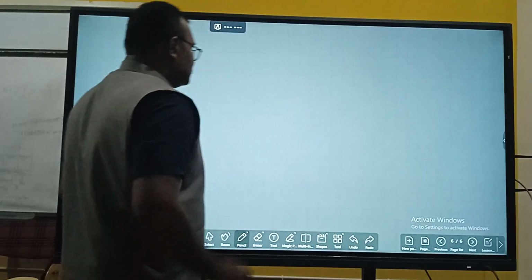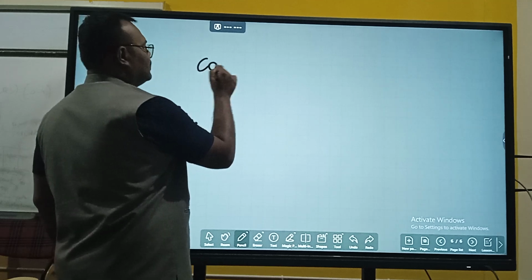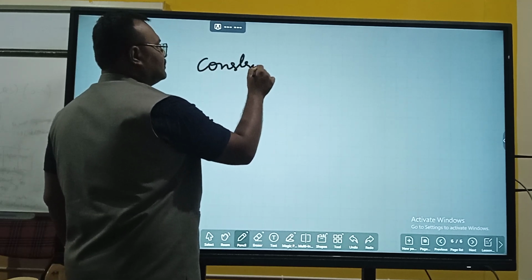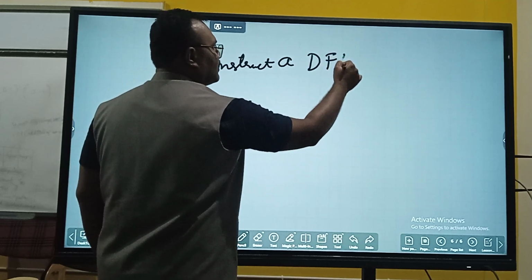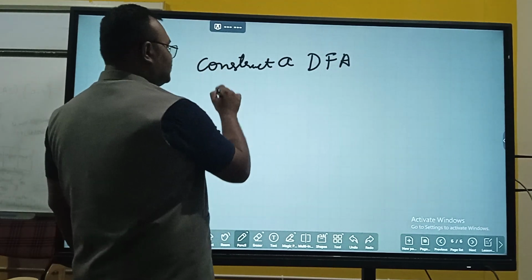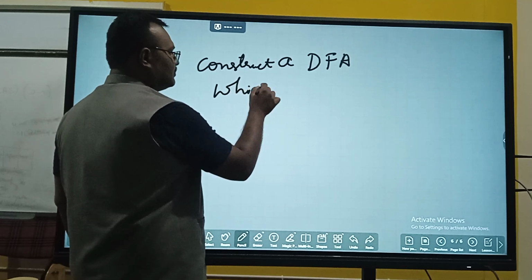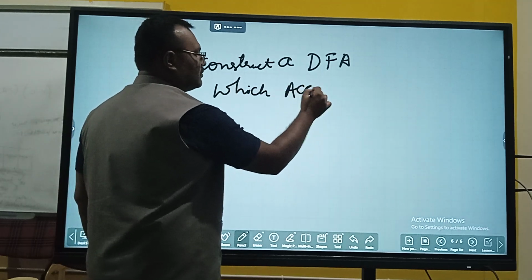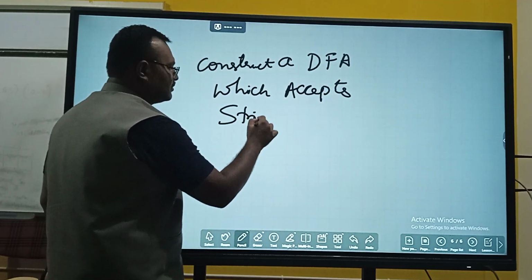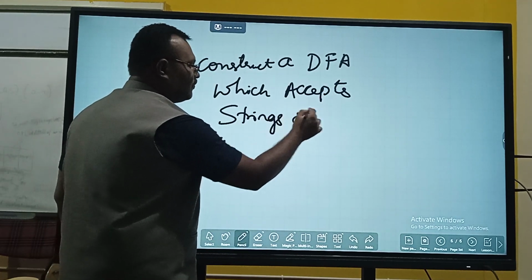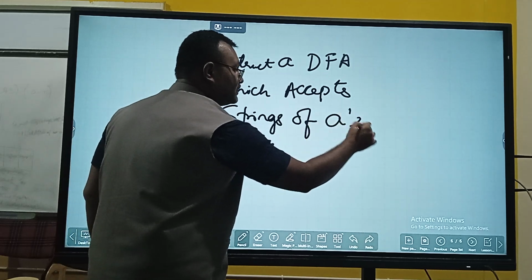So the problem says: construct a DFA which accepts strings of only A's.